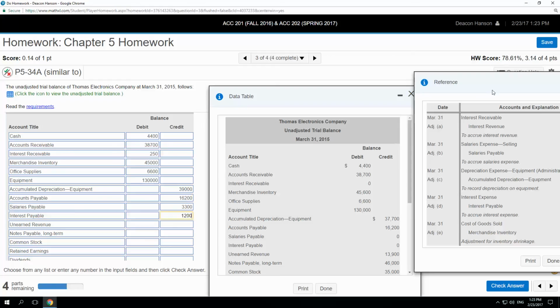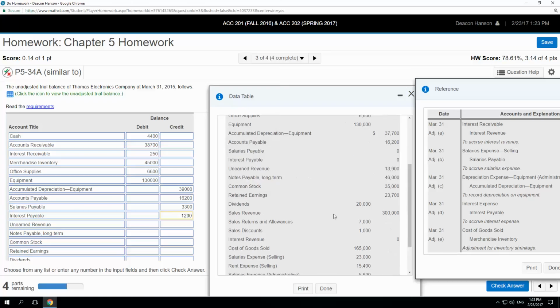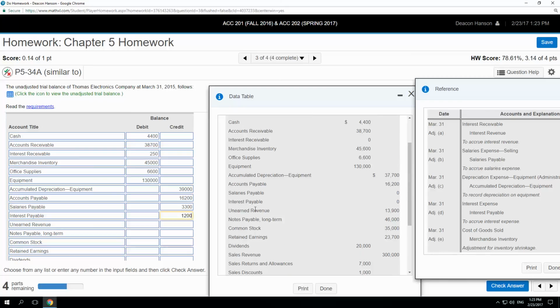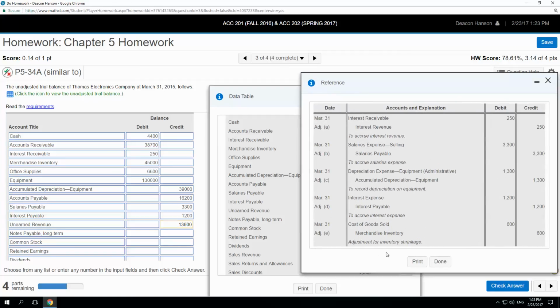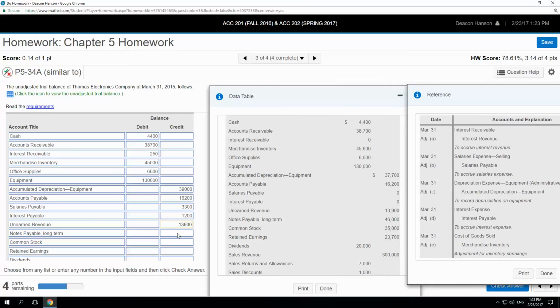Unearned revenue, we didn't make any entry to unearned revenue, so we'll take that unearned revenue balance of 13,900 and pull it over. Notes payable long term, nothing to do with notes payable long term in the adjusting entries, so I can pull that balance over, 46,000.